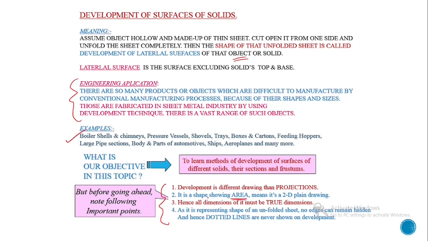It means it's a 2D plane drawing. Actually, the surface, meaning the lateral surface of a solid, is a two-dimensional drawing. There is only one plane figure. Hence, all dimensions of it must be true dimensions.